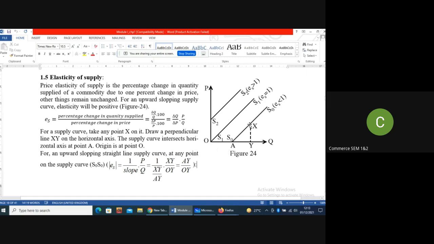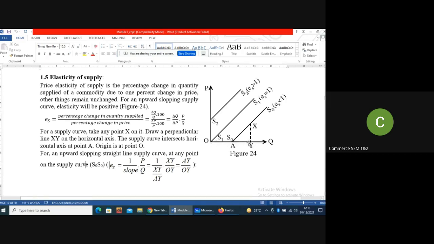For point X, Q is this distance, as we are measuring output on the horizontal axis. So OY is the amount of output or Q. So elasticity will be equal to AY, this distance, divided by OY, this distance.